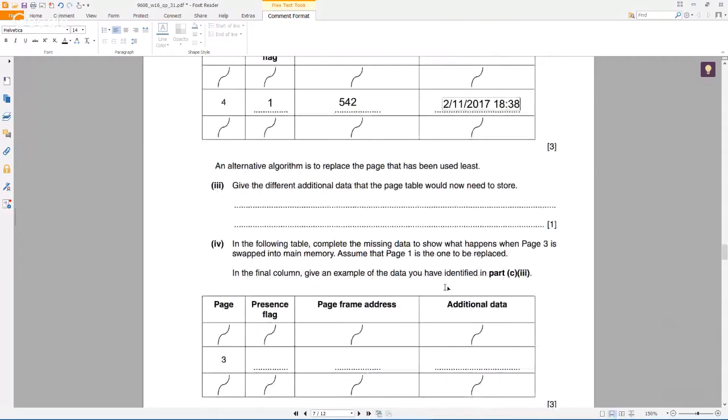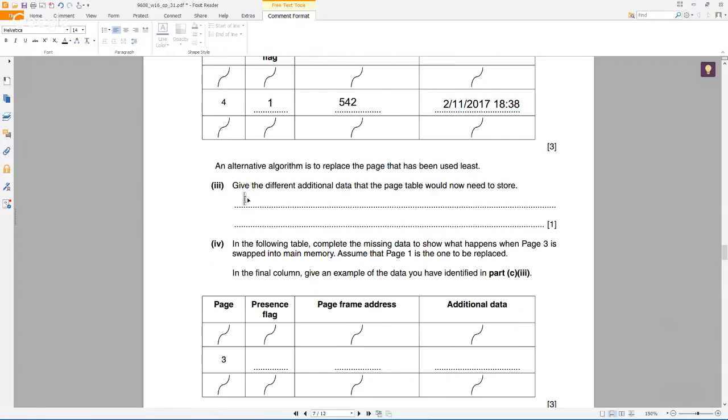Okay, what if instead you want to replace the page that has been used the least? The page that is being used the least, we want to replace it. So this means that we need to count how many times a page is used by the operating system, by the software that runs on the machine. So we need to have sort of a counter, right?